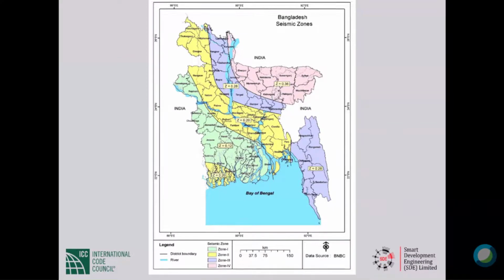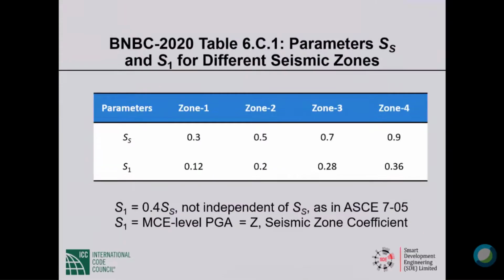How do those Z values correlate with the S sub S and S sub 1 that we were talking about, the maximum considered earthquake spectral response accelerations?